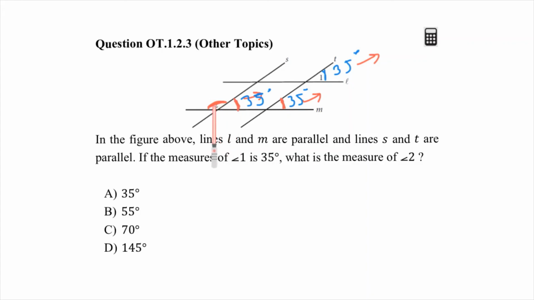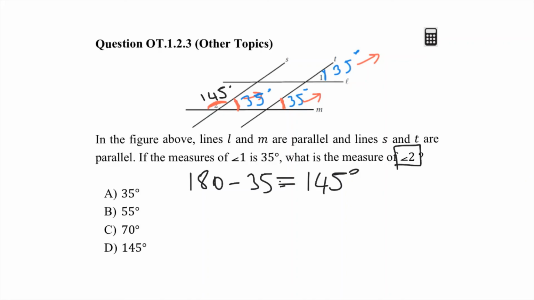If I subtract 35 from 180, I will find 145 degrees. So this is 145 degrees. What I am looking for is angle 2. So my correct answer for this question is D. Thank you.